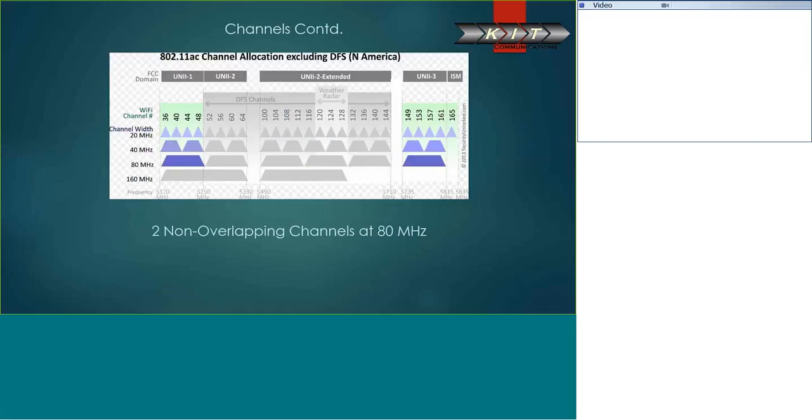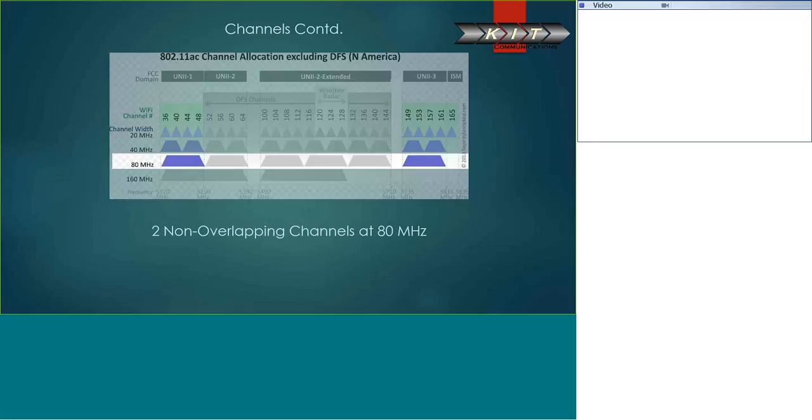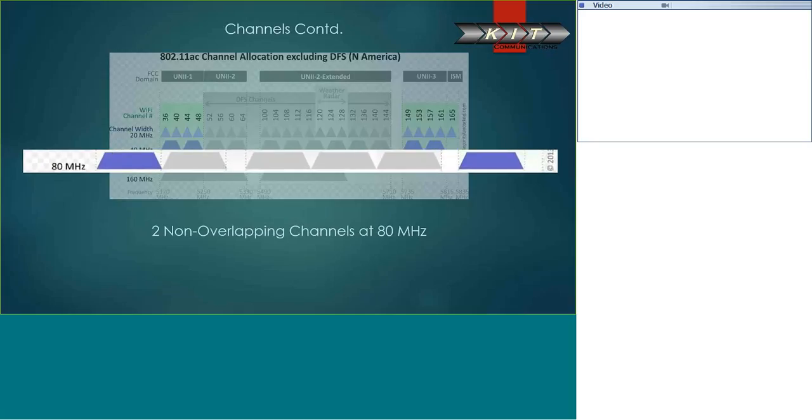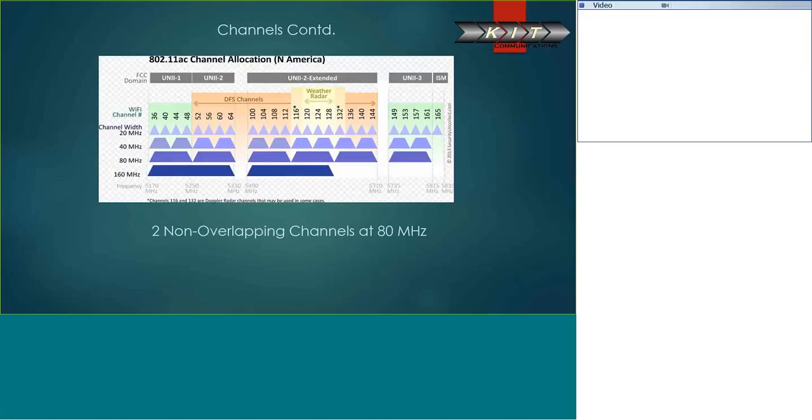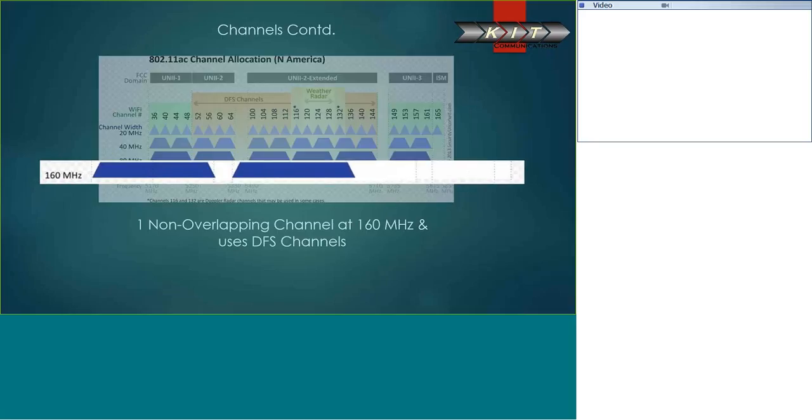But it gets worse because we then move to an 80 megahertz channel, and we only have 2 non-overlapping channels if we exclude DFS. And then even worse, we move to the 160, and if we exclude the DFS channels, we have 1 non-overlapping channel.